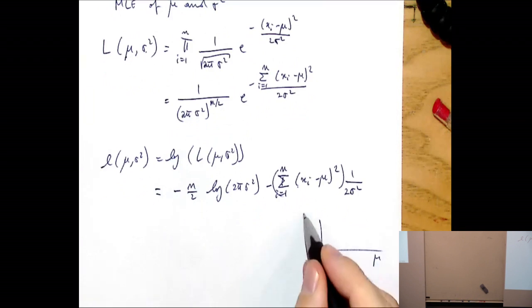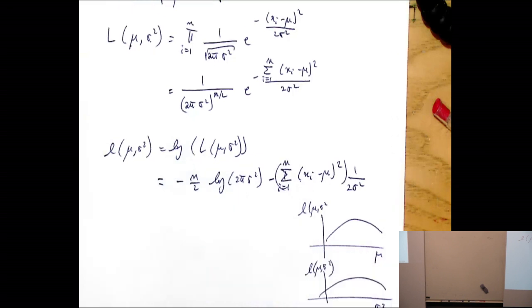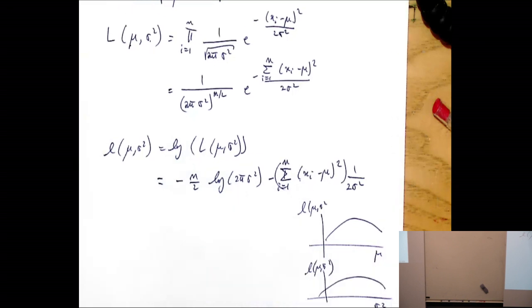Right? And so same idea as before. Let's hope this is a concave function in both mu and sigma square, something like this in mu and something like this in sigma square. That's something we have to check afterwards.